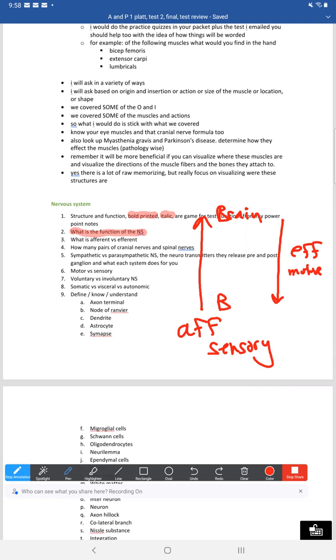How many pair of spinal nerves do we have? Isn't it 24 because we have 12 and 12? Well, that's cranial nerves. Oh, okay. 31. How many pair of spinal nerves? Good, 31 pair. Okay, now if you didn't know that, that's okay. It's in the notes, or you could just look it up online.